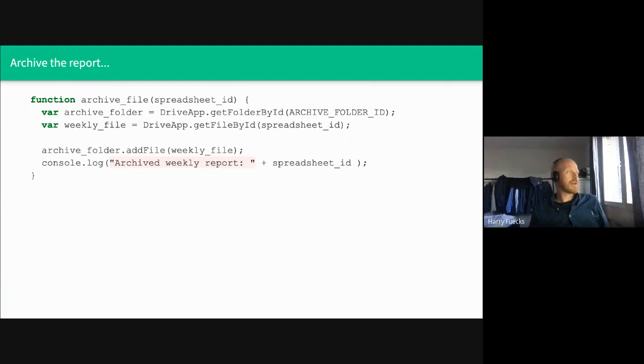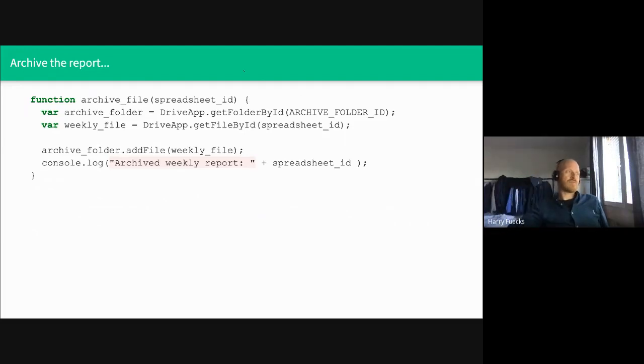All right, and then finally, the archive file function. This is also nothing that you haven't really seen before. We're using the Drive app to get the folder, and we've hard-coded the folder ID. So we have the central archive folder, and then we get the file using the spreadsheet ID. That's our weekly file, and we simply add the file to the archive folder.